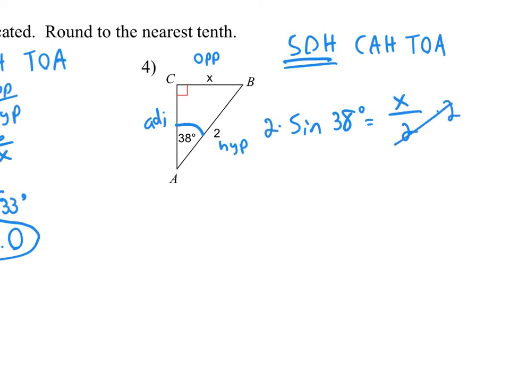This side will cancel off, and we end up with 2 times the sine of 38 degrees equals x. So you can do this all in one step. 2 times sine 38 in my calculator. Hit enter. And I get x is approximately 1.23. So round to the nearest tenth, that would be 1.2.